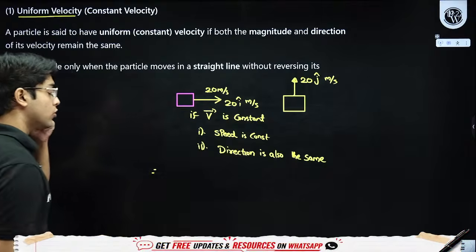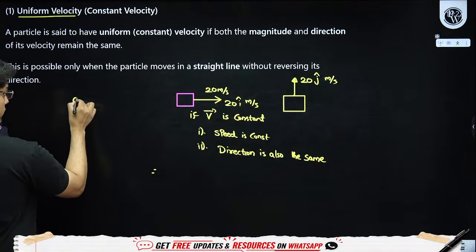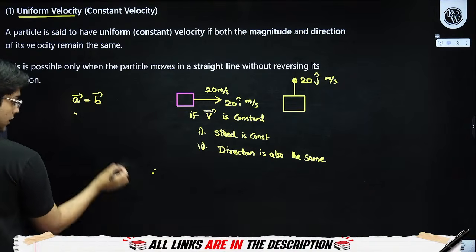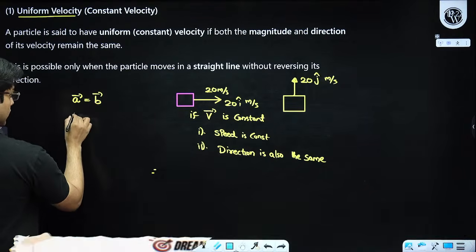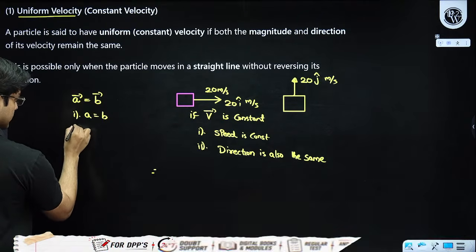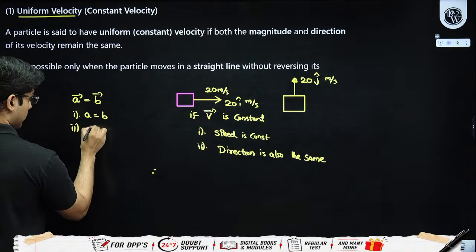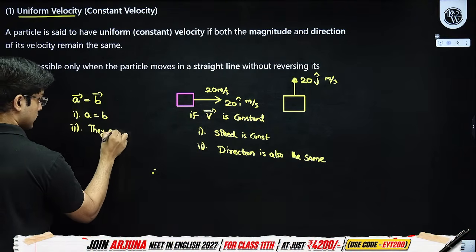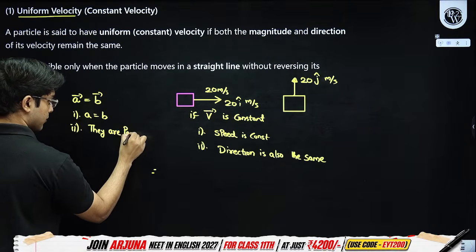For two vectors to be equal, there are two conditions always. Their magnitudes are equal, right? And the second condition is they are parallel vectors.